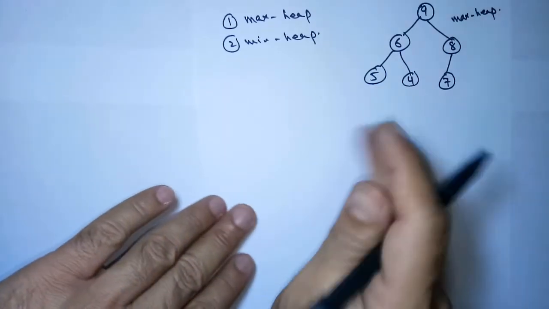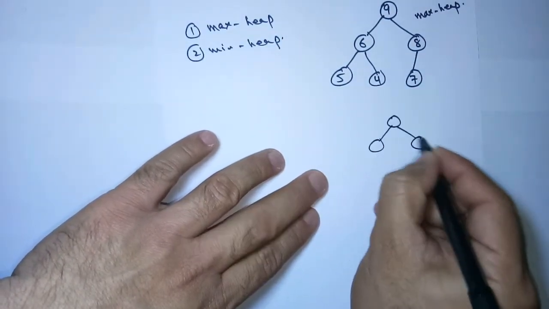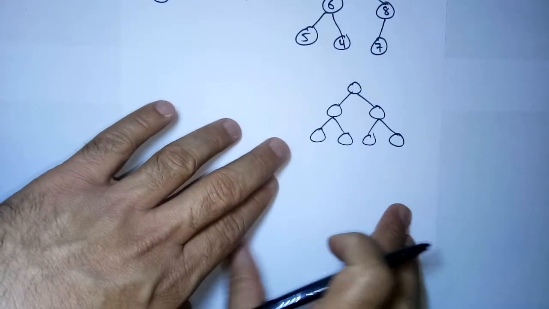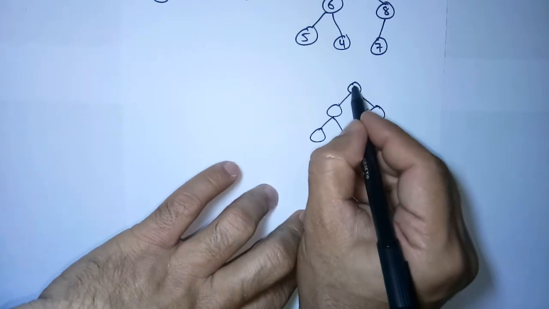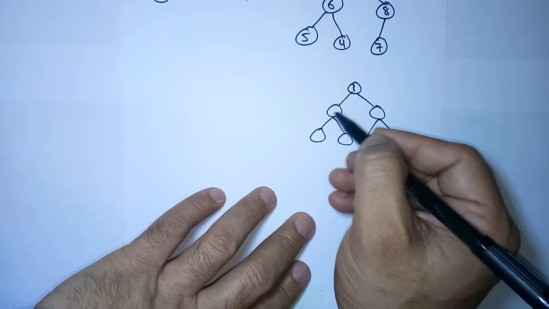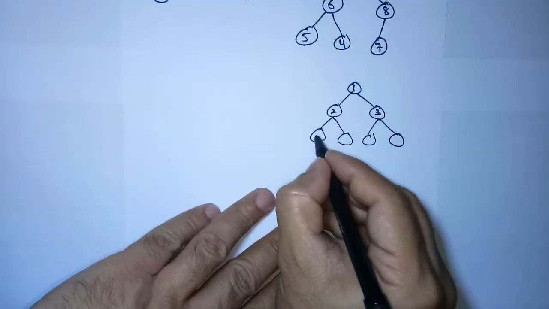Now let me talk about the min heap. In a min heap, the same thing is happening, but in reverse order. The parent is always smaller than both of its children, right?